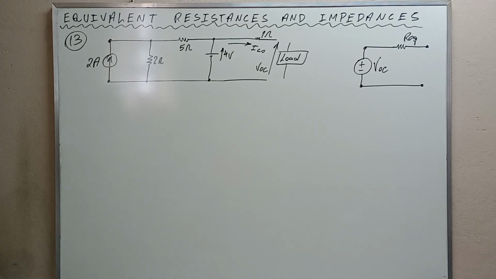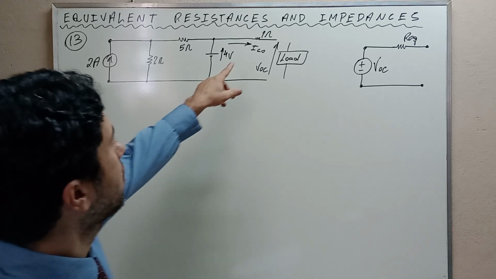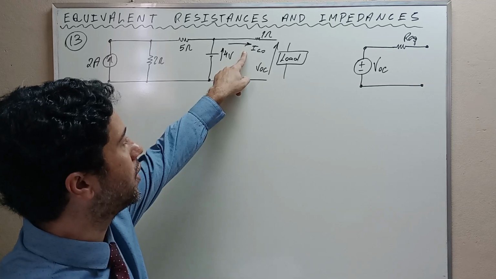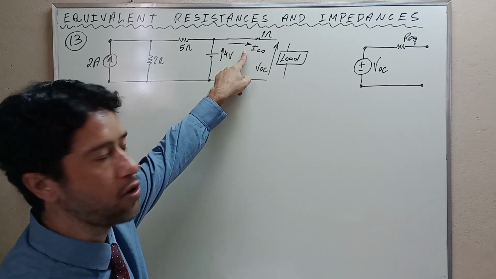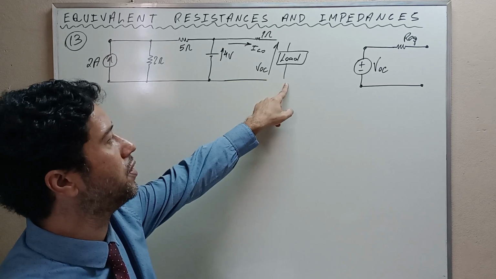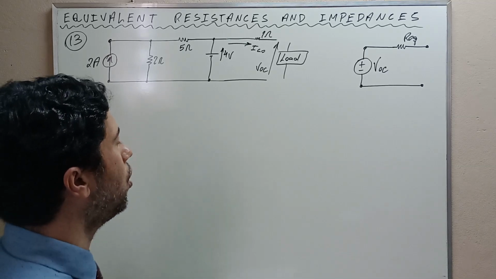Observe that as the output current is 0 for the circuit is open, there is no voltage drop across the 1 ohm resistor. This current here is 0, for the circuit is open.